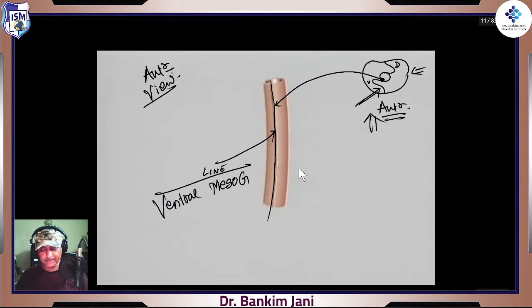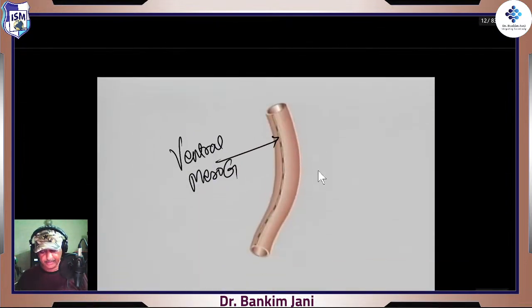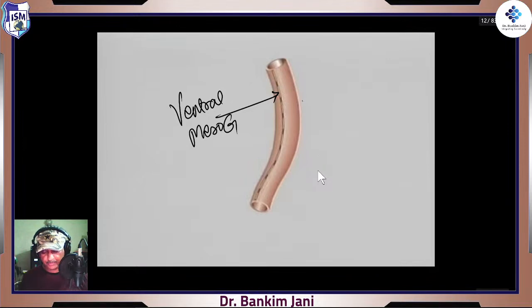Okay, this is the anterior view, and now we are watching that tube. We were watching only this portion, so it is this tube. Now it is rotating. Over here, this is a complete fold on the anterior side, and that's why this is the ventral mesogastrium. It rotates, and on one side it keeps expanding.